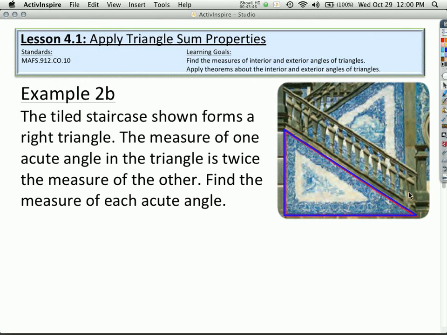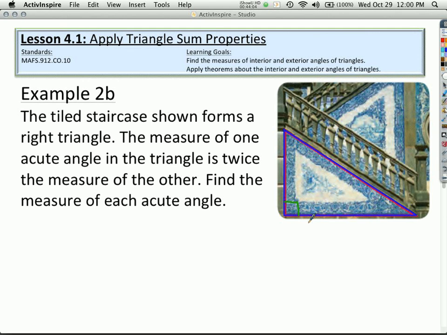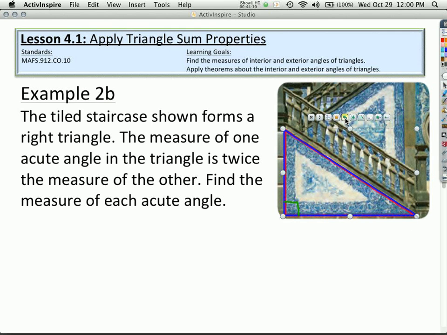It was a little hard to tell, but this is a staircase going up, and then it turns and goes up again. The base of the staircase here, this is a tiled wall, but it's in the shape of a right triangle. This is the right angle right here. Okay?